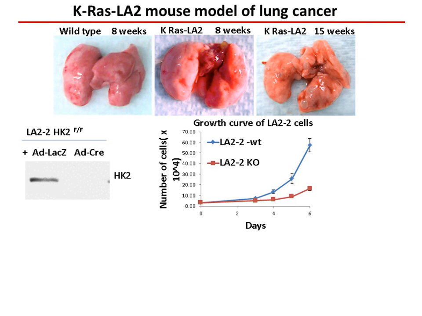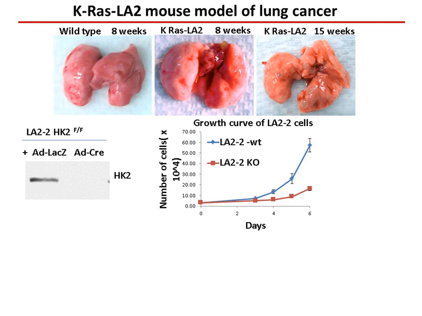For this purpose, we used a different mouse model in which oncogenic K-ras is spontaneously expressed in the lung, and the onset of tumors is about 8 weeks after birth. We isolated cells from the tumors in this mice, and we deleted Hexokinase 2 in vitro, and we markedly inhibited the proliferation of the cells.